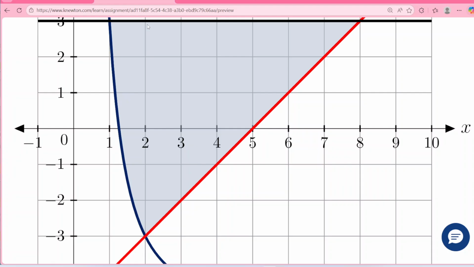And then this triangle here has base 6 and height 6, that's from 2 to 8. This is an 18 square unit triangle. So I'm just going to do the 3 minus f integral from 1 to 2 and then add 18, because there's 18 square units in that triangle from 2 to 8, where you got 3 minus g.